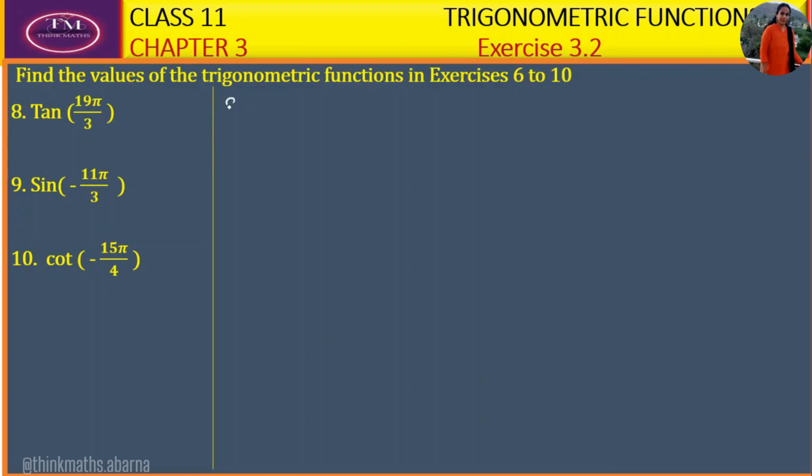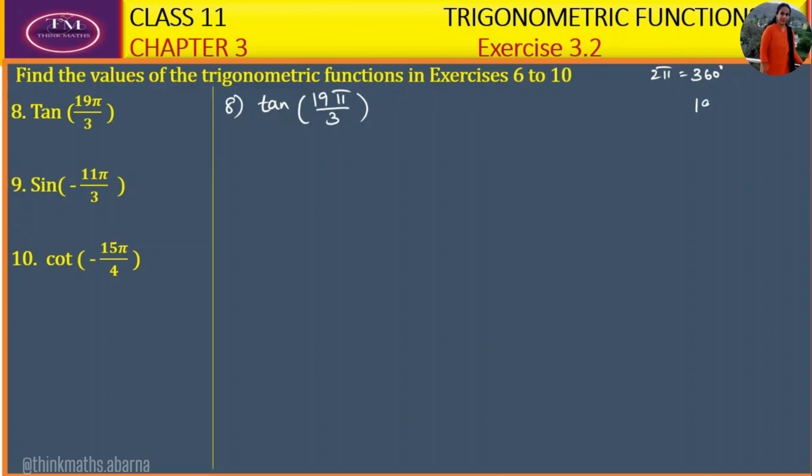Okay. So the 8th problem is tan 19 pi by 3. Here also we will be trying to write the values as a multiple of 2 pi. Okay. 2 pi is equal to 360 degrees. We know that all trigonometric functions repeat after an interval of 360 degrees or 2 pi. So we are going to try that.